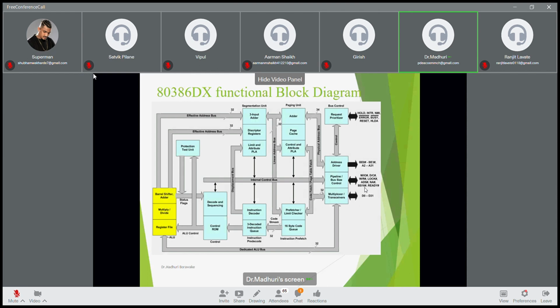That means it controls all the signals. Just see here, there is a request for this particular processor. These are the names of the pins: hold, INTR, error, busy. This is the pin of the 386 processor, the IC.